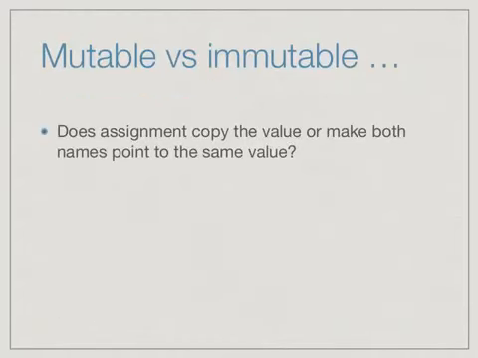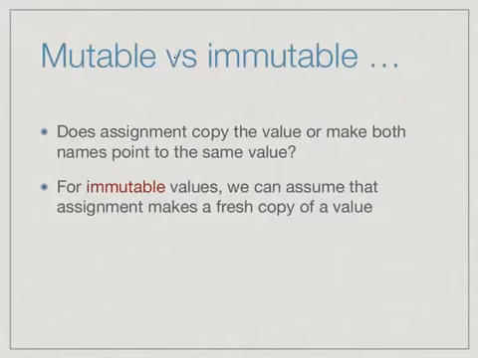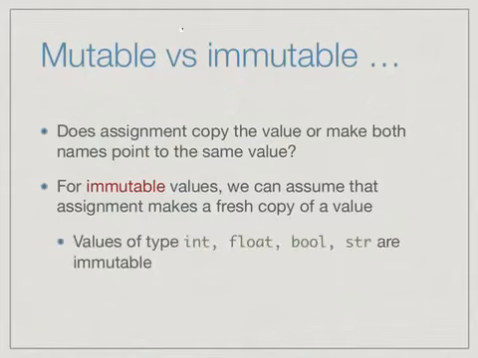So this question actually is not so simple. While our intuition says that assignment should always copy the value, in some cases it does happen that both names end up pointing to the same value. So for immutable values, we can assume what our intuition says, that whenever we assign a name a value, we get a fresh copy of that value.